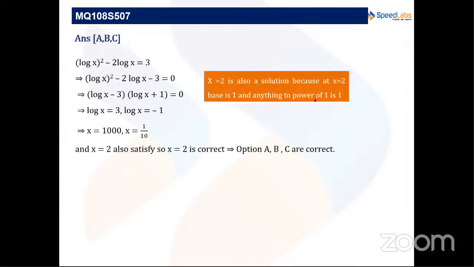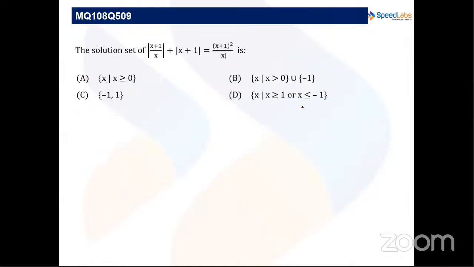Moving to the next question. We have to find the solution set of mod of x plus 1 upon mod x plus mod of x plus 1 equals to x plus 1 whole square upon mod x.